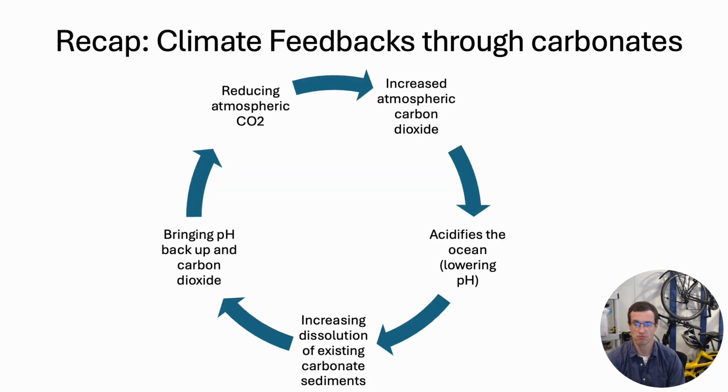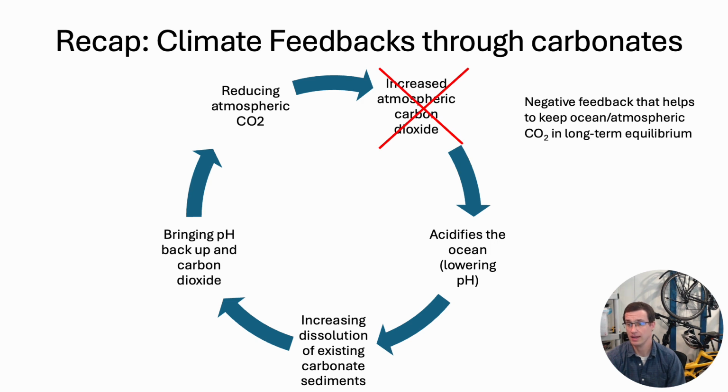And so we can just sort of go through that again. So if we start with increasing atmospheric CO2, that then acidifies the ocean, lowers pH. This increases the dissolution of existing carbonate sediments. That then brings the pH back up and carbon dioxide down, and this then reduces atmospheric CO2, and therefore sort of cancels or acts as a negative feedback on that original increase in atmospheric CO2.